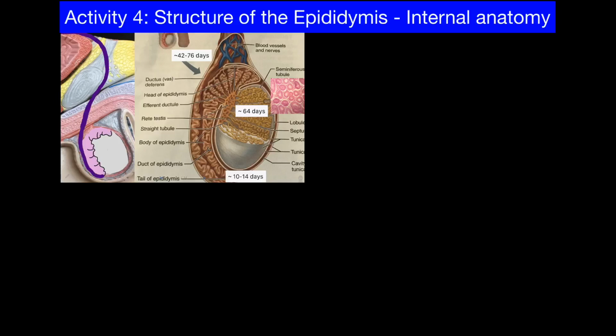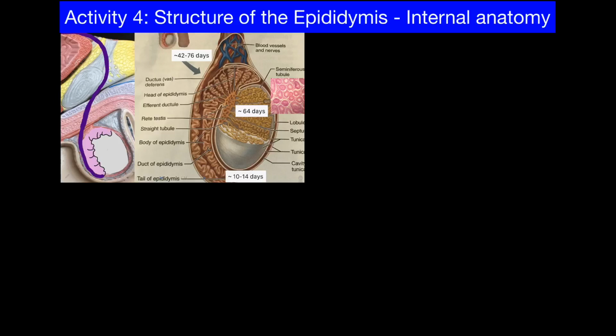Finally, our last activity, so that's 4, at least that we're covering in this lecture, deals with the structure of the epididymis. So we're going to look at the internal anatomy of this final stage area where sperm are going to mature.